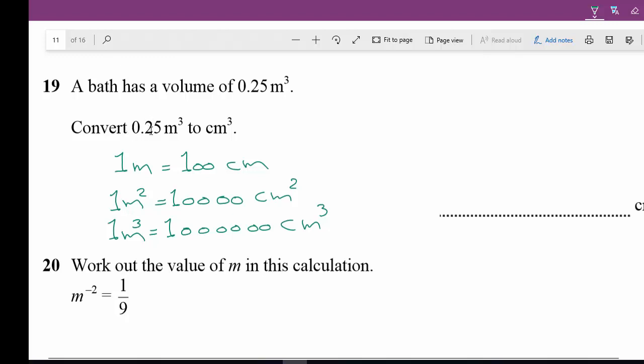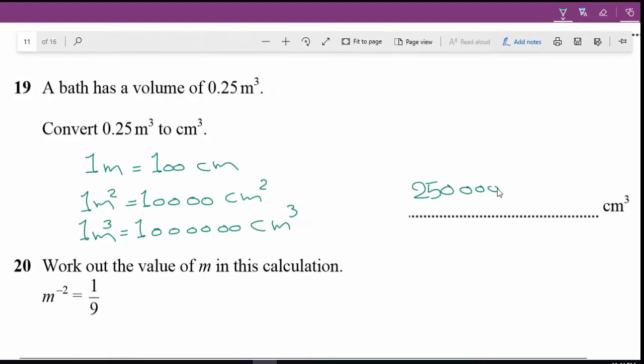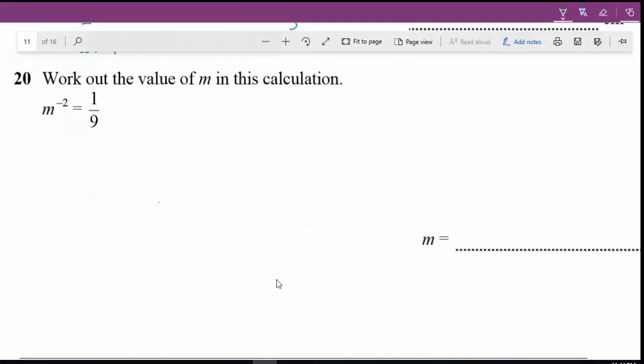The question has 0.25. So it means we need to divide this by 4 to get 0.25 meters. Then 1 million divided by 4 is 250,000 centimeter cube.